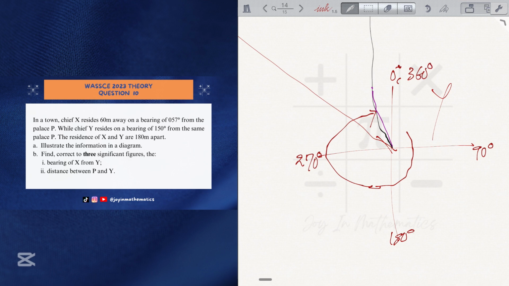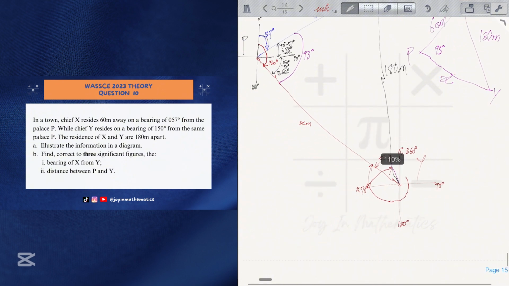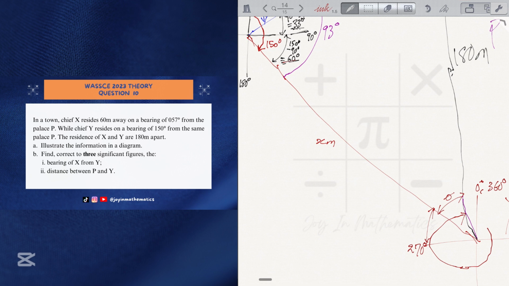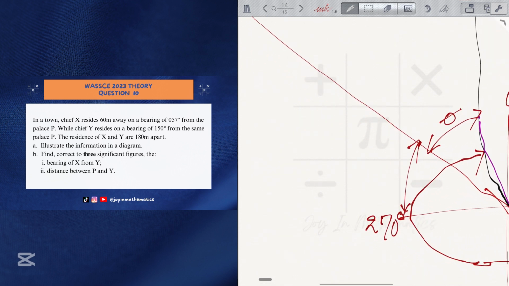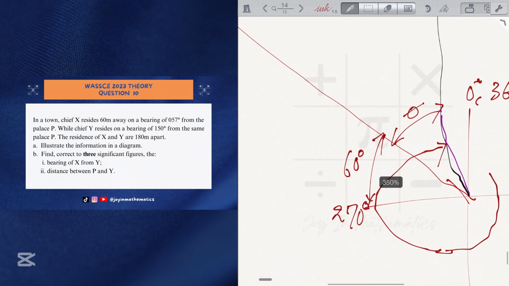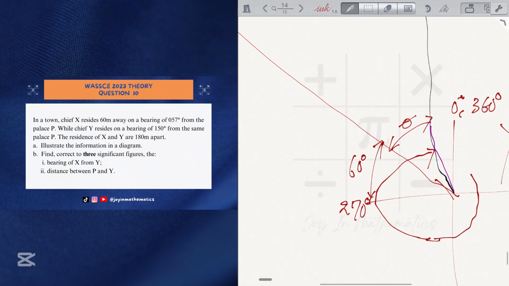Now, what is this angle here? And what is this angle here? Theta. So with this now, let's go back to the full diagram. We understand that this space is 60 degrees. So if this space is 60 degrees, then according to alternate angles, we will also have 60 degrees. But then how do we evaluate theta? That's the question.